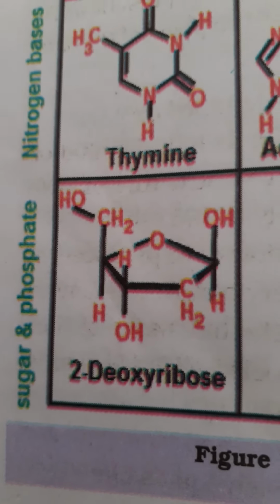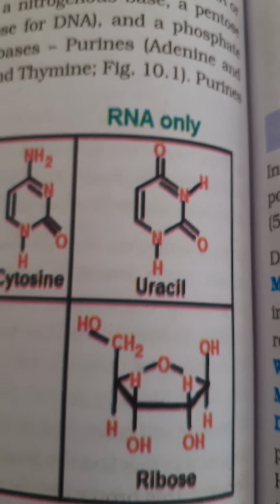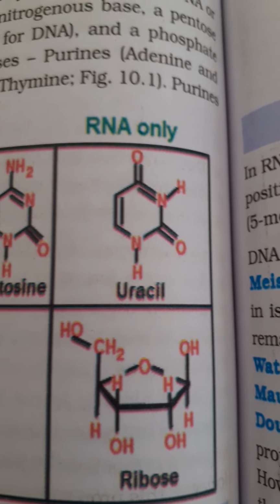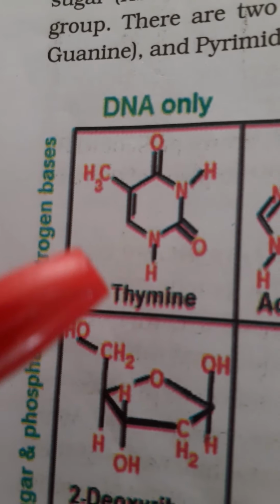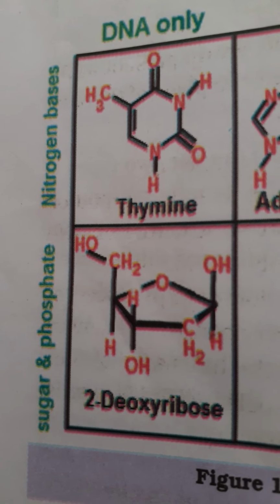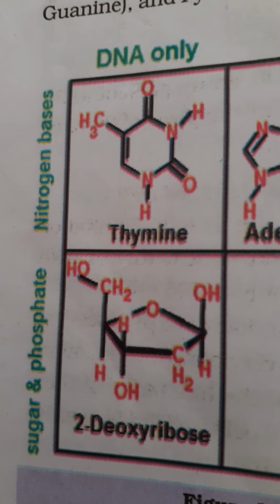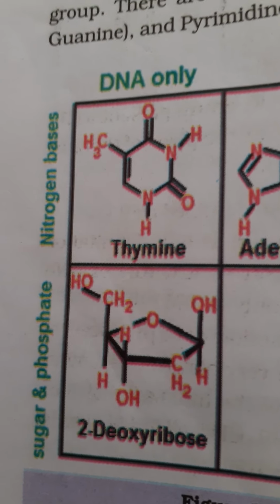So DNA has 2-deoxyribose sugar and the RNA has ribose sugar. Uracil is present in the RNA and in the DNA you can see thymine is present in the place of uracil. So these are the differences between the nitrogen bases and the sugar molecules which are present in the DNA structure and the RNA structures.